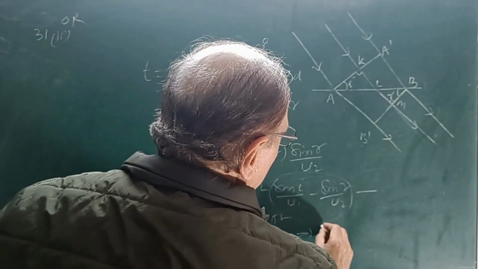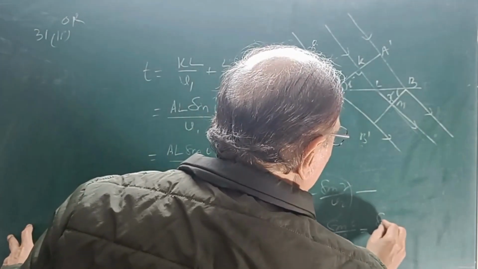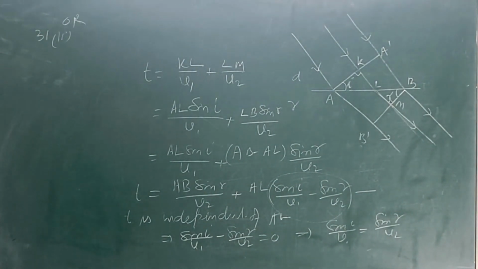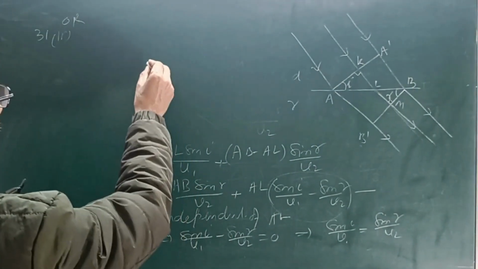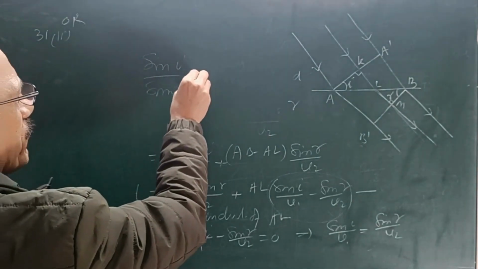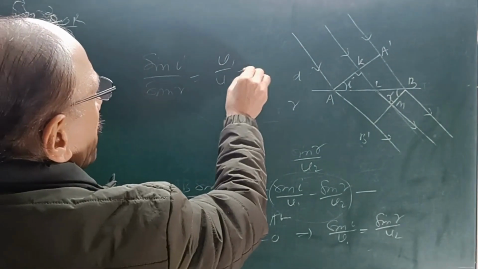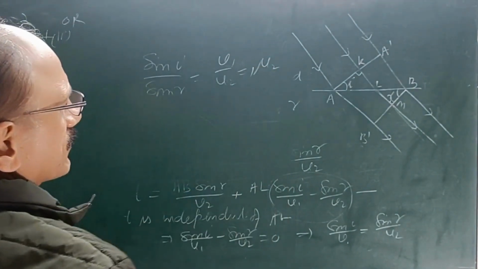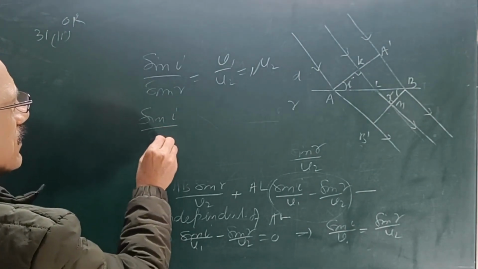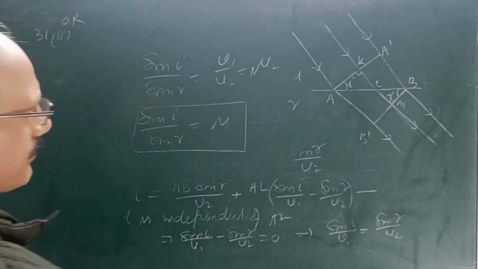Which means sin I upon V1 equals sin R upon V2, so sin I upon sin R equals V1 upon V2, which is nothing but the refractive index of the second medium with respect to the first medium. So sin I upon sin R equals mu, which is Snell's law.